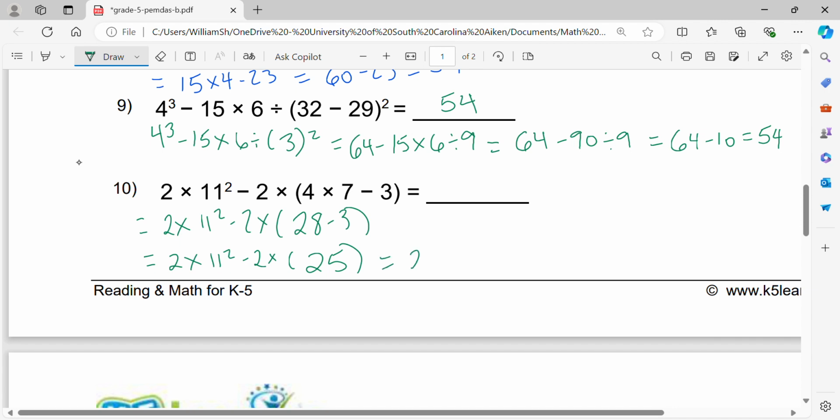now. I need to handle my exponents next. So that's going to give me 2 times 11 squared, which is 121, minus 2 times 25. Okay. Now 2 times 121 should give me 242.